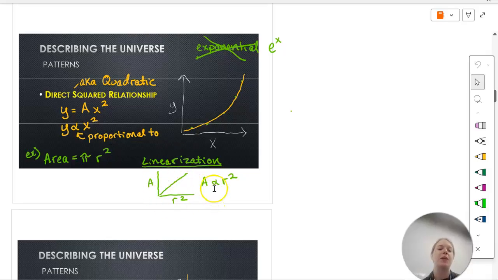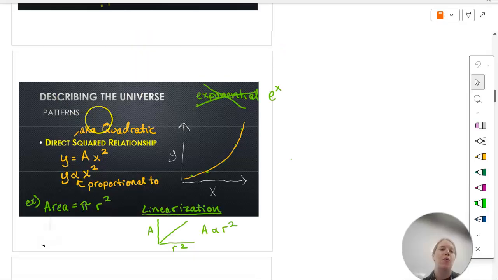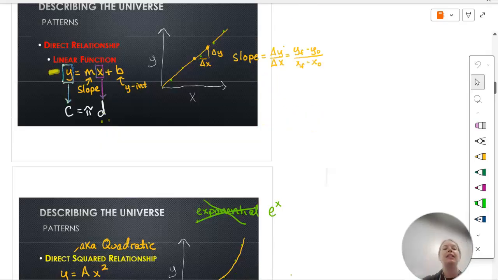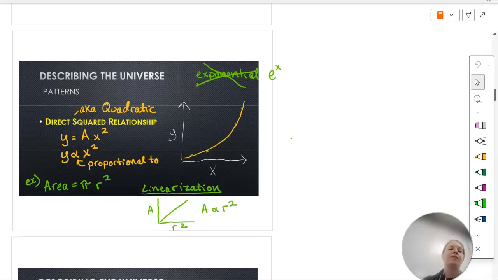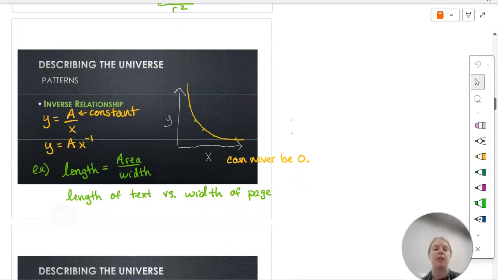So that's something called linearization, where if it's not clearly linear, we can figure out what power, what dependence it might be, then try to plot our y versus x squared, and if it is linear at that point, then we know it's direct squared. If you did that with our e to the x function, it would not be linear. So that differentiates a direct squared function from an exponential function.